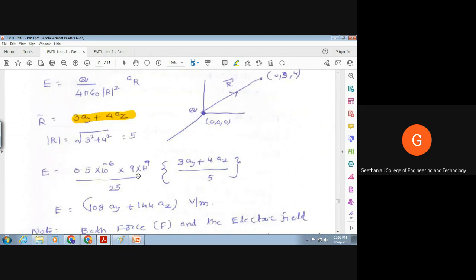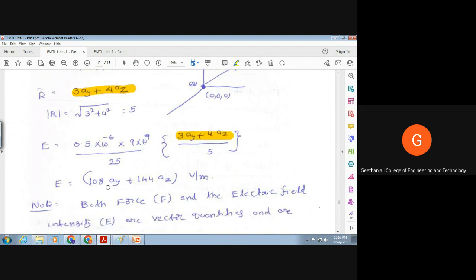So electric field intensity is Q, that is 0.5 into 10 to the power minus 6, times 1 by 4 pi epsilon naught, which is 9 into 10 power 9, by R square, so 5 square. AR is equal to vector R divided by its magnitude. So its value is 108 AY plus 144 AZ.